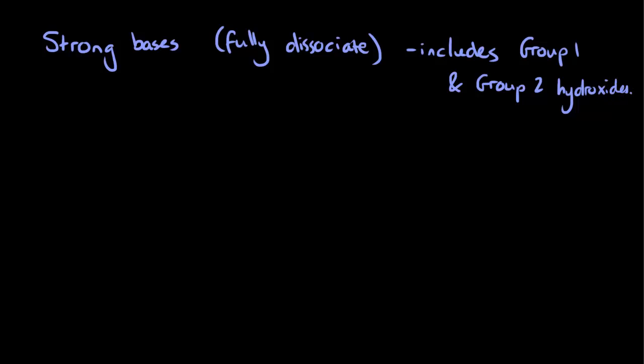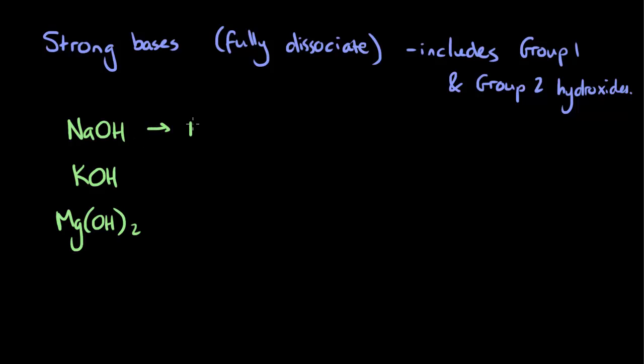So examples of group 1 and group 2 hydroxides would include sodium hydroxide, potassium hydroxide, and magnesium hydroxide. Each of these substances will fully dissociate when dissolved in water.